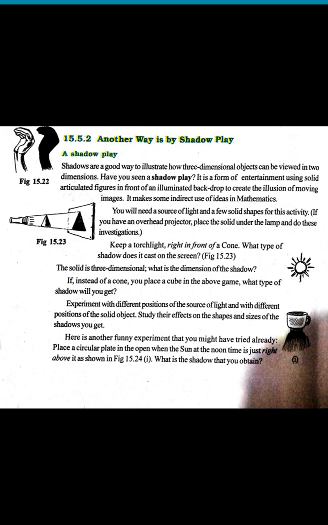A net is a skeleton outline of a solid that can be folded to make it. The same solid can have several types of nets. Then solid shapes can be drawn on a flat surface like paper realistically. We call this a 2D representation of a 3D solid. Two types of sketches of a solid are possible.